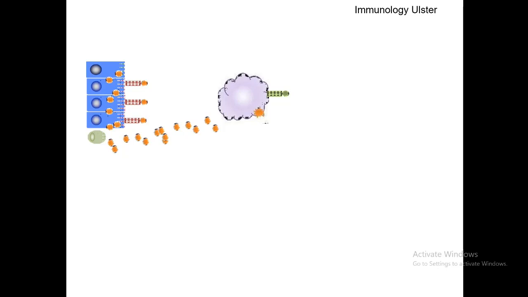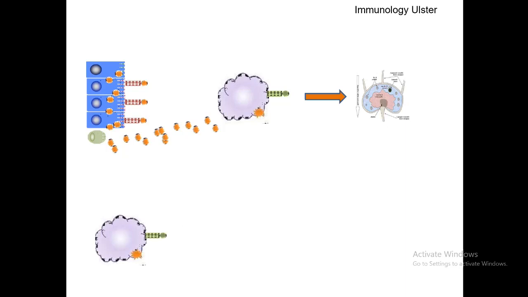Okay, and that dendritic cell presenting the viral antigen on MHC2 will make its way to the lymph node, and when it reaches the lymph node, it will present the viral antigen to a CD4 T helper cell. Okay, and it will stimulate the CD4 helper T cell, and that CD4 helper T cell will then become a Th1 cell.